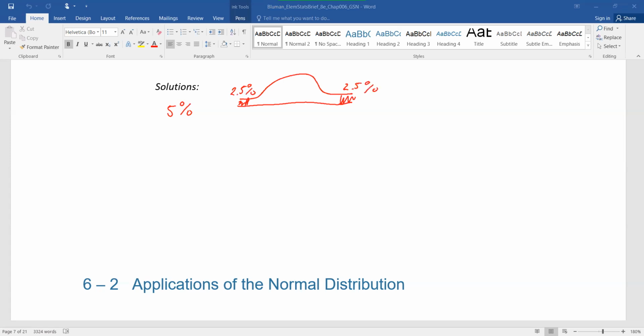And now that we kind of understand probability in the area under the curve, this is something that's going to have a z-score of 0.0025 on both sides. So using your chart, locate what 0.0025 is.